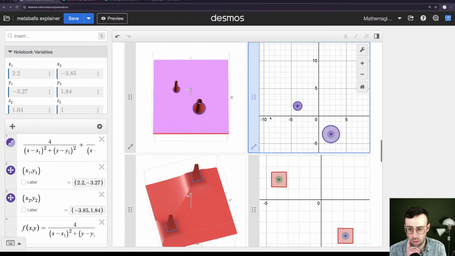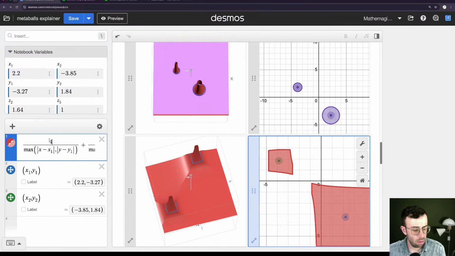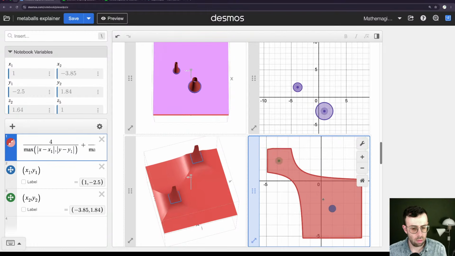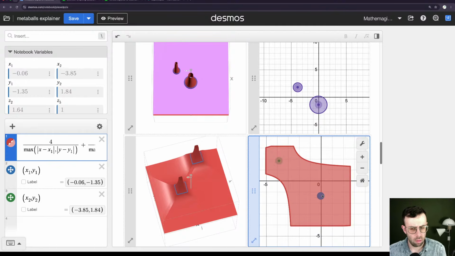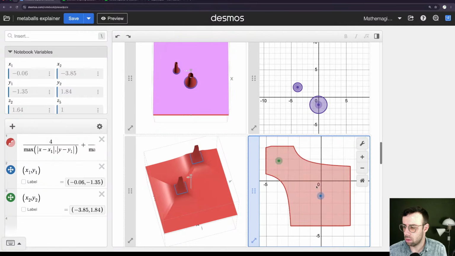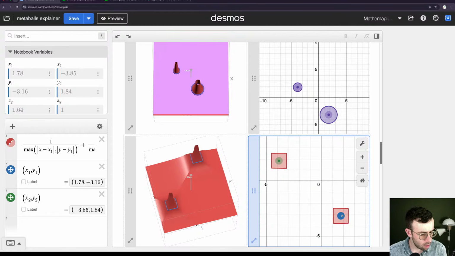How does this look? They individually look like a square.